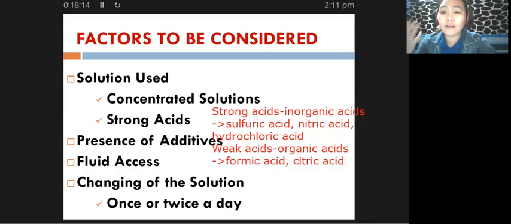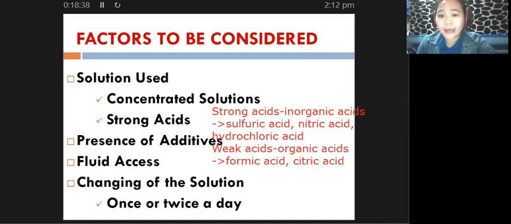If you have lost your antigens due to the use of strong acids, to what structures will your antibodies react? None, because you have lost your antigens already.